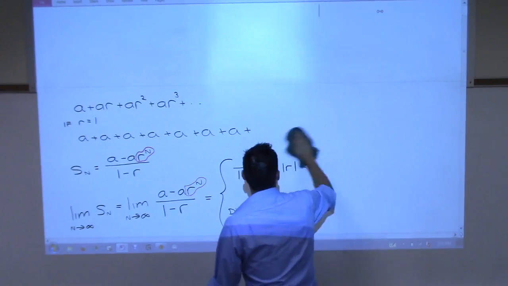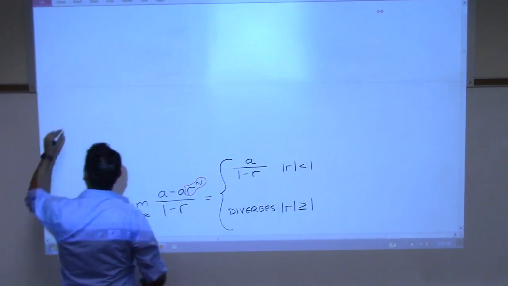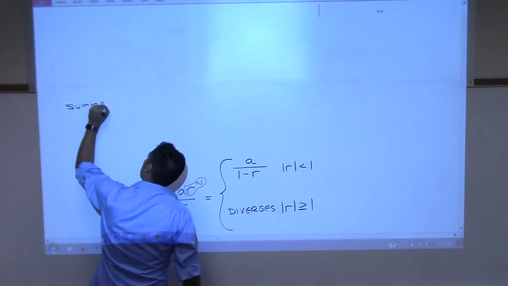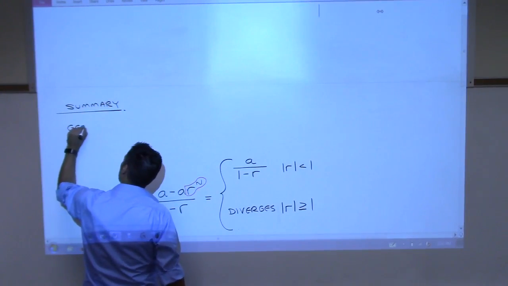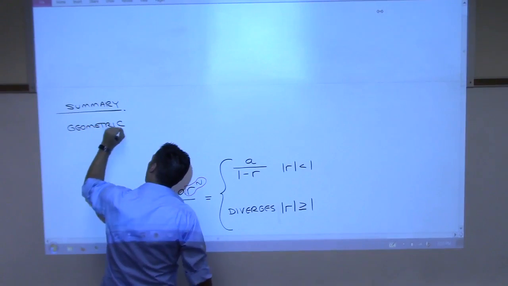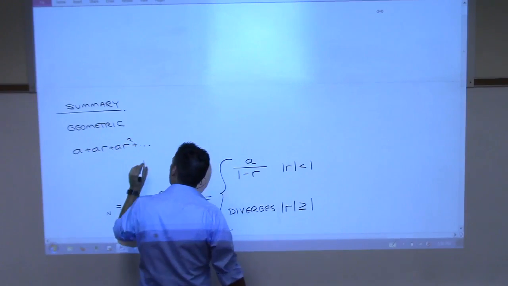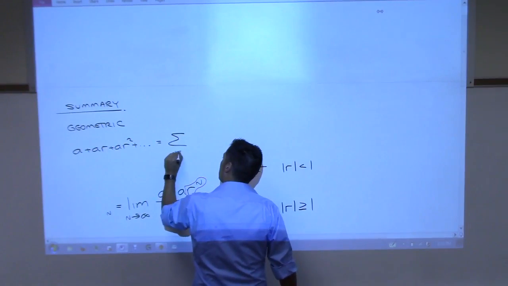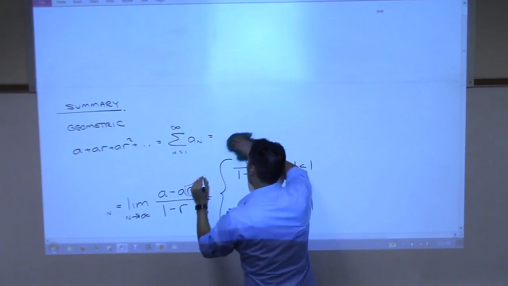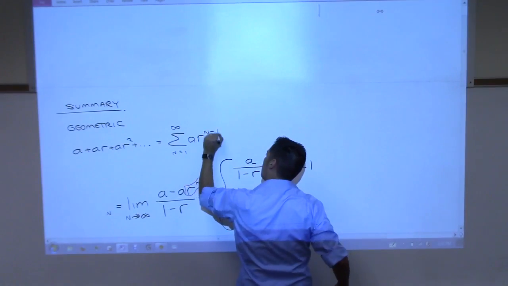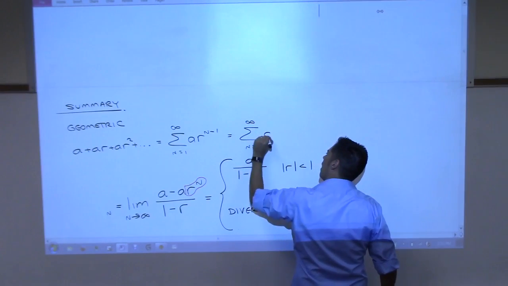So let me kind of sum it up. So in summary, for a geometric series, a plus ar plus ar squared plus dot, dot, dot forever, this is equal to the sum from n equals 1 to infinity of a sub n, which equals ar to the n minus 1, which equals the sum from n equals 0 to infinity of ar to the n.